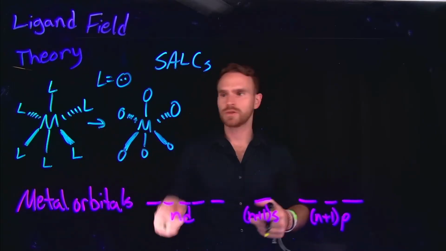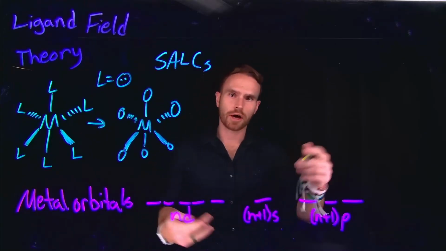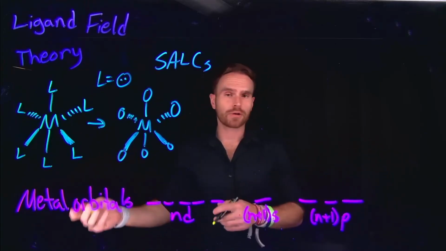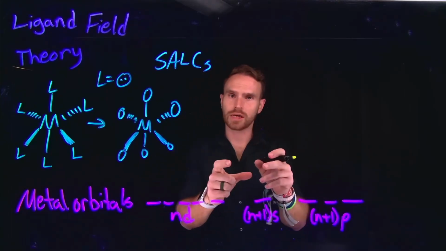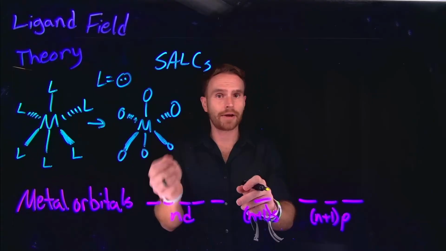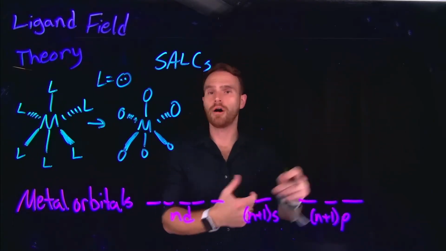at the metal center. So I know that this is an octahedral point group, and if I were to look up an octahedral character table, what I would find is that remember on the character table, we can assign the center atom's atomic orbitals based on that column on the character table.